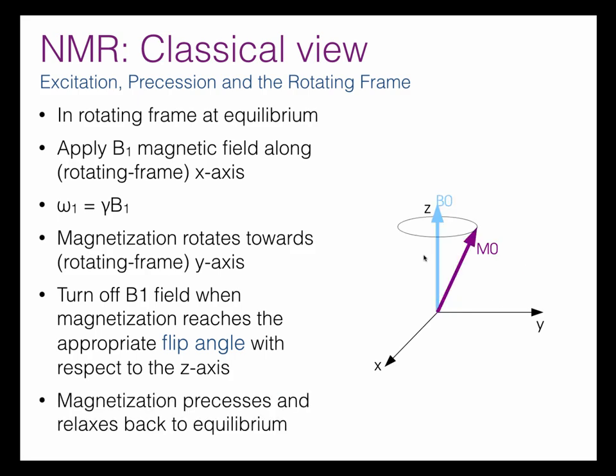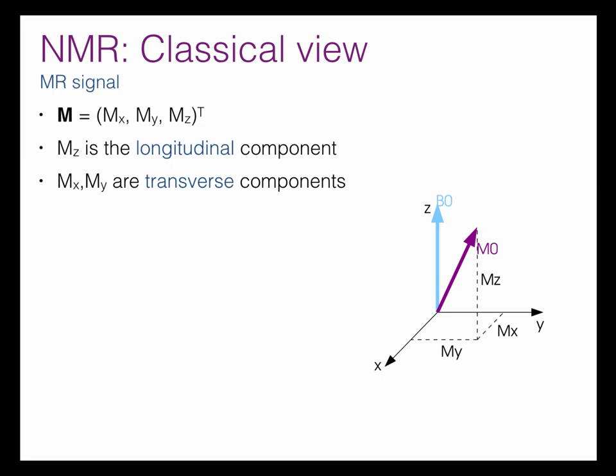And then after we turn off the B1, the magnetization precesses, i.e. starts spinning around the B0 vector in the lab frame and returns back to equilibrium eventually. So all that was in the rotating frame.